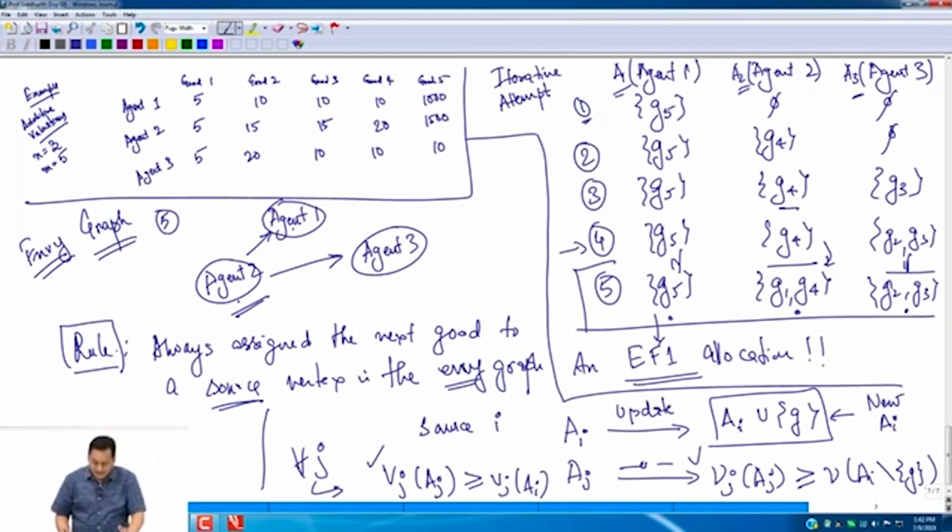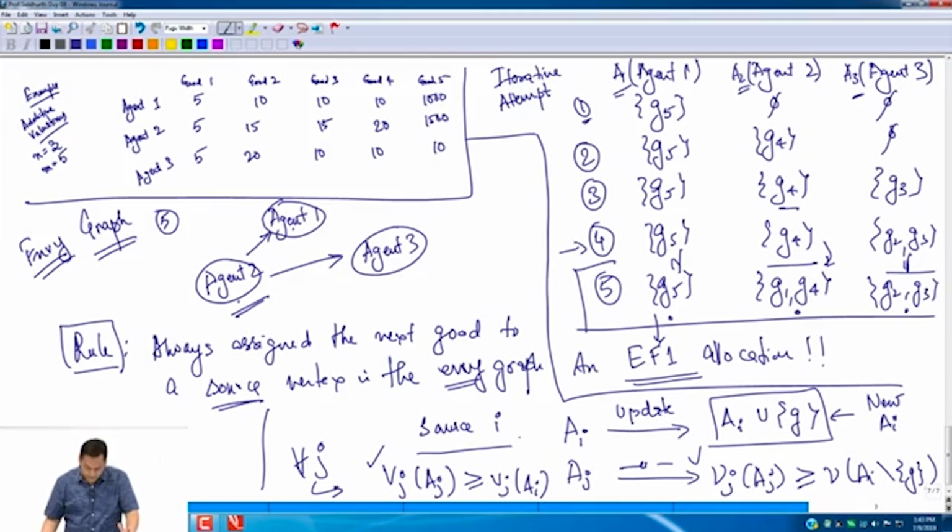So, at any stage, say I look at the envy graph, and say by luck, this is a special case, if you will. Again, there could be envy graphs where there is no source, but let's worry about that later. For now, say that your envy graph does have a source vertex, i.e. there's this agent I that no one else envies.